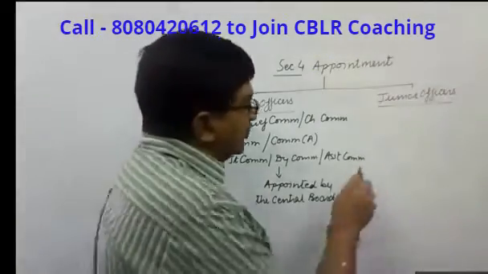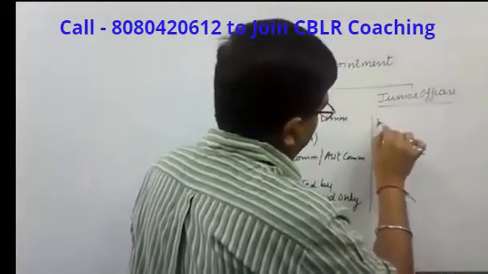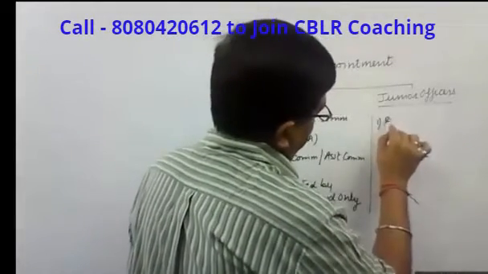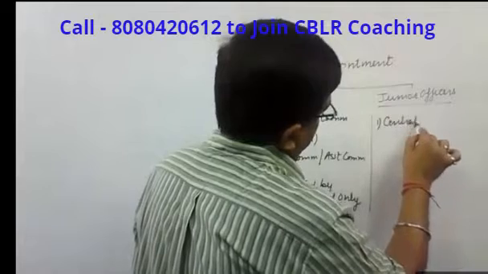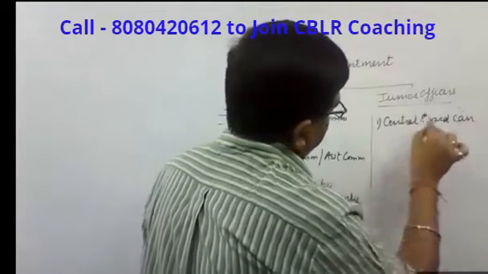Okay. As far as junior officers are concerned, there are two ways. Number one, central board can appoint.